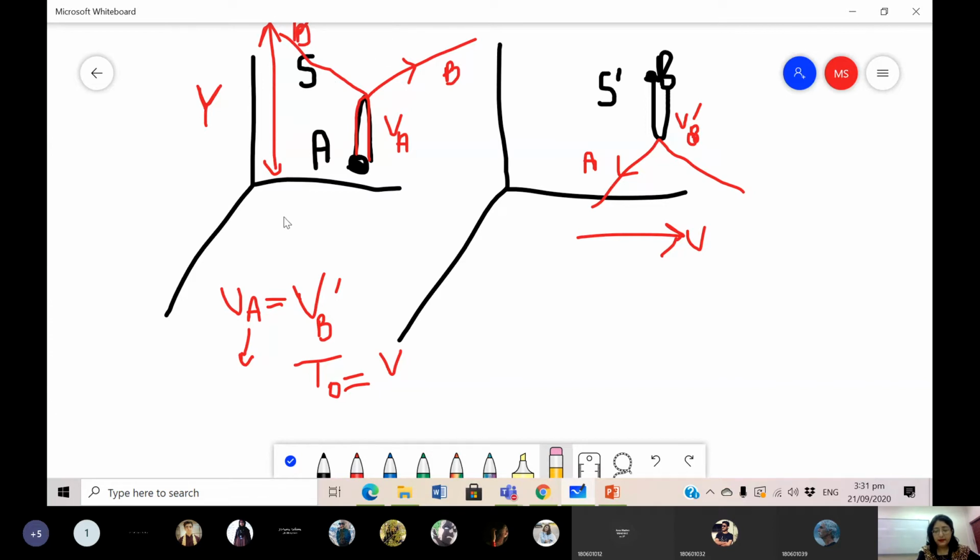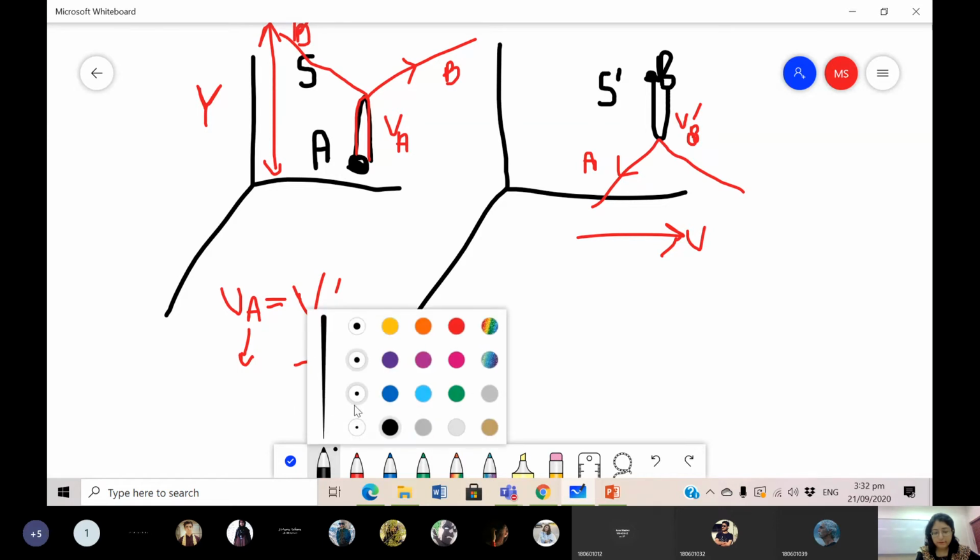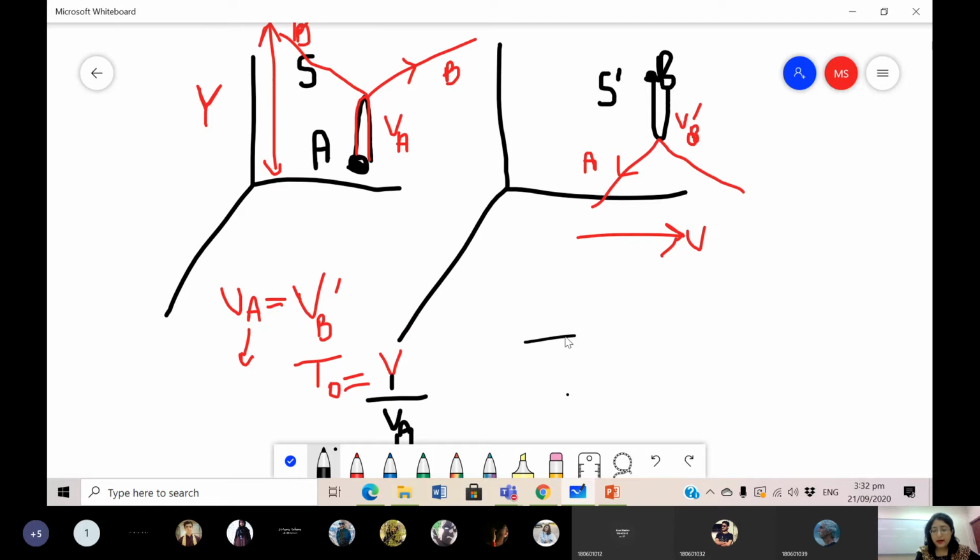And if we are observing from frame S dash, T0 will be Y divided by VB dash, because it's the proper time.